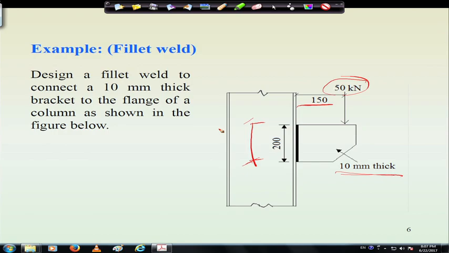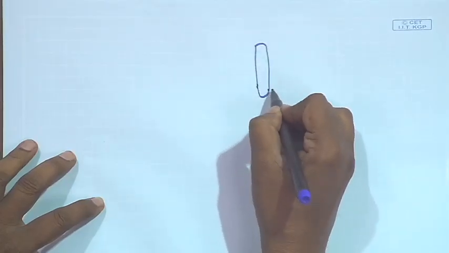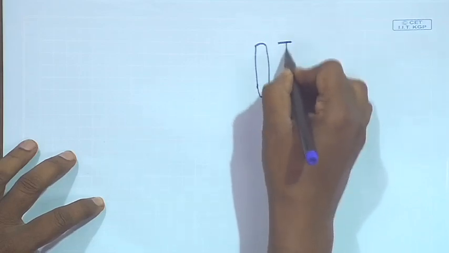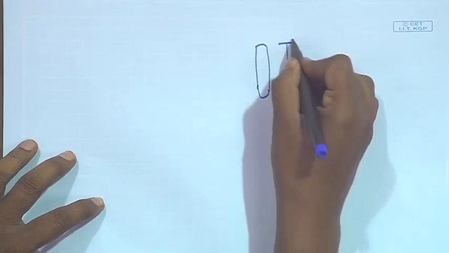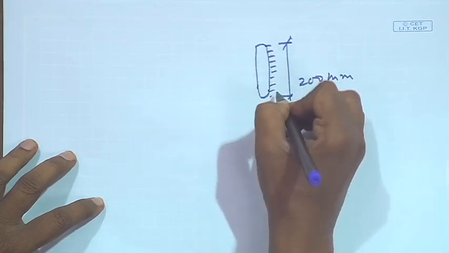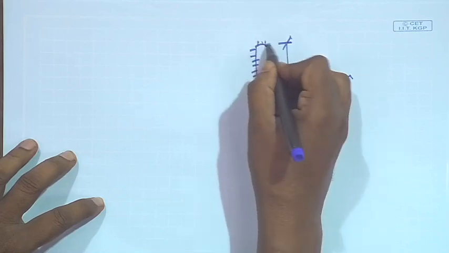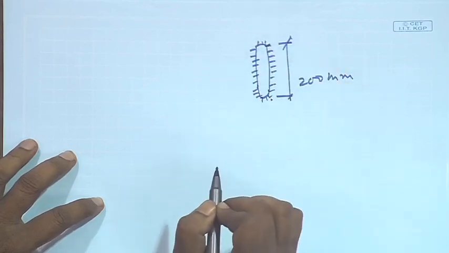So, in this case if we see in plan, this D is given as 200 and this weld we do not know the size, but depth is known.